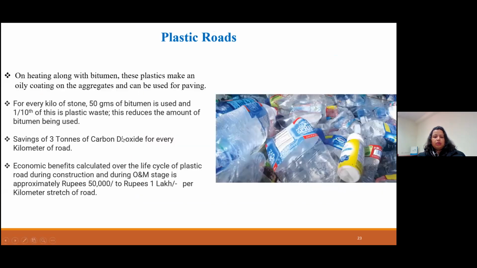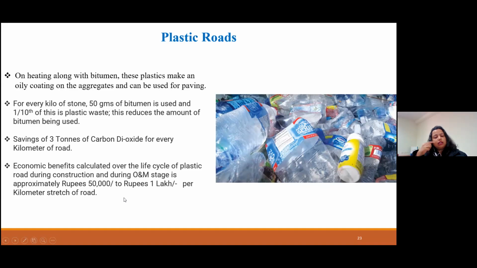Now moving on to some other case studies. We also save 3 tons of carbon dioxide for every kilometer of road, because when we use these plastics, we protect them from getting incinerated, which would have produced that amount of CO2 in the atmosphere.